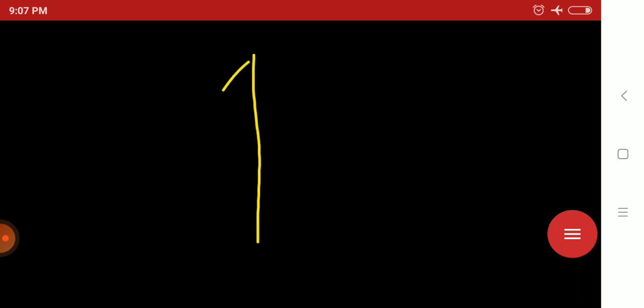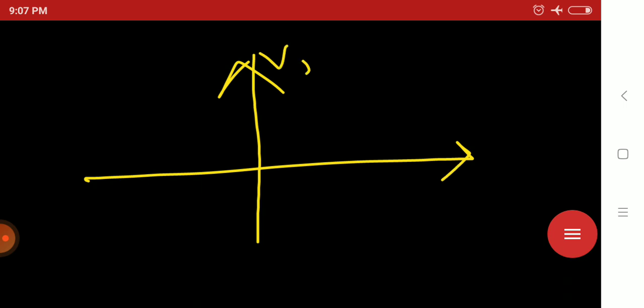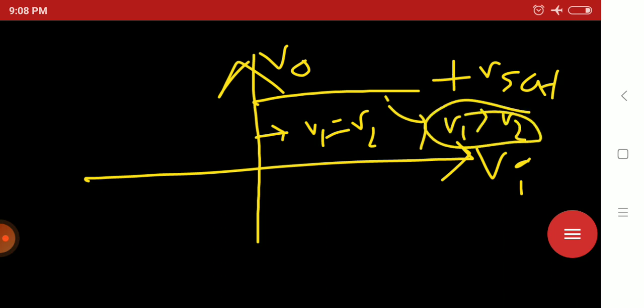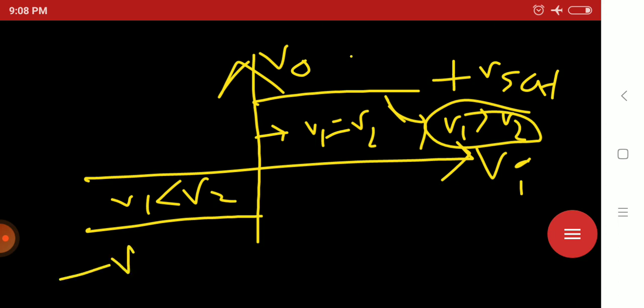Here, if we draw V0 versus Vi, we draw positive V saturation on this axis. Here V1 equals V2, and here V1 greater than V2, where we get positive V saturation. And here V1 less than V2, we get negative V saturation.